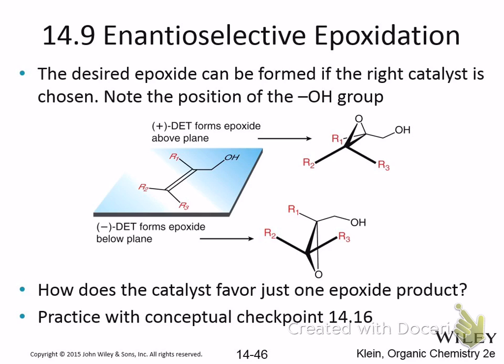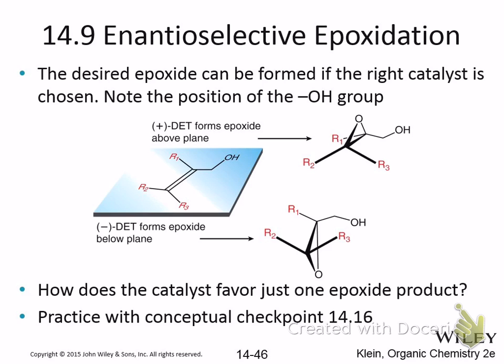So the mnemonic that you need to remember, because I'm going to ask you one of these since it's such a common thing to see, is that if you put the oxygen of the allylic alkene on the top right, the reagent that they use is this plus diethyl tartrate. It's actually a biological compound, tartaric acid, but it has ethyl groups on it. It causes the epoxide to form at the top of the double bond.